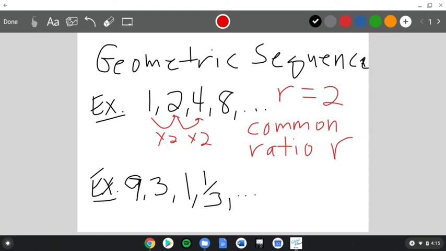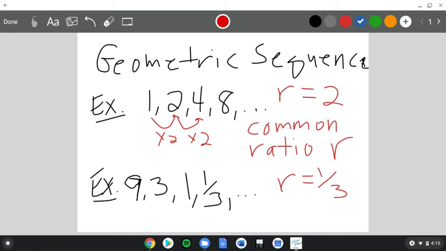Then you can see that what's happening to get from one number to the next is that we're dividing by 3. So if you're dividing by 3 each time, what you're really multiplying by is 1/3.